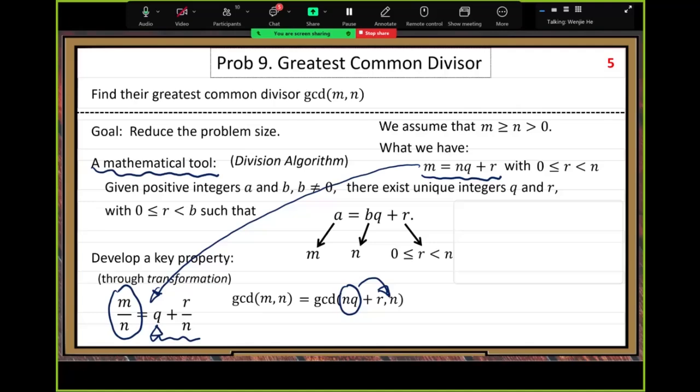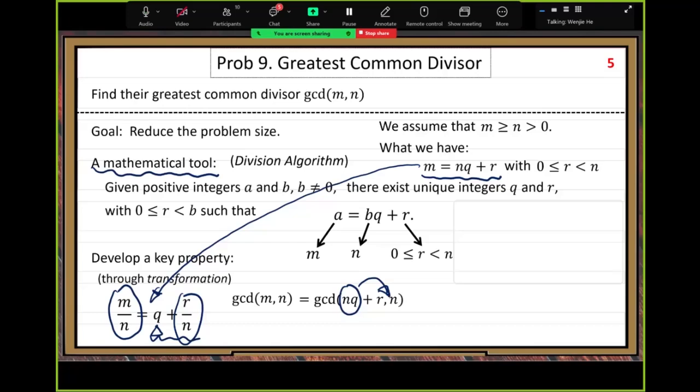The common divisor of M and N has a close relationship with the common divisor of R and N. Or you can say it should also be a common divisor of R and N. So then the greatest common divisor of M and N should also be the greatest common divisor of R and N, because Q does not change anything related to the common divisor.